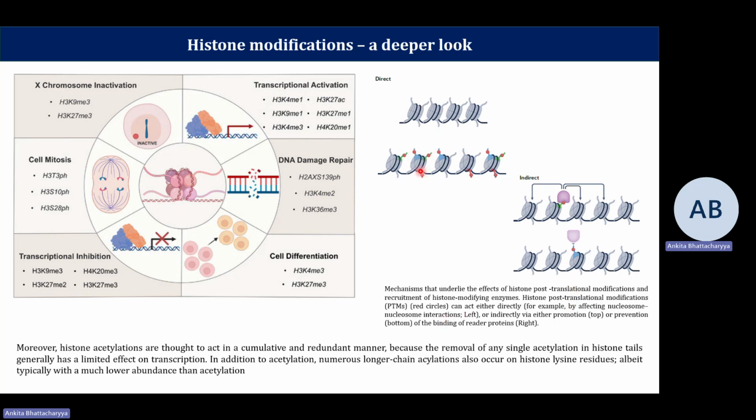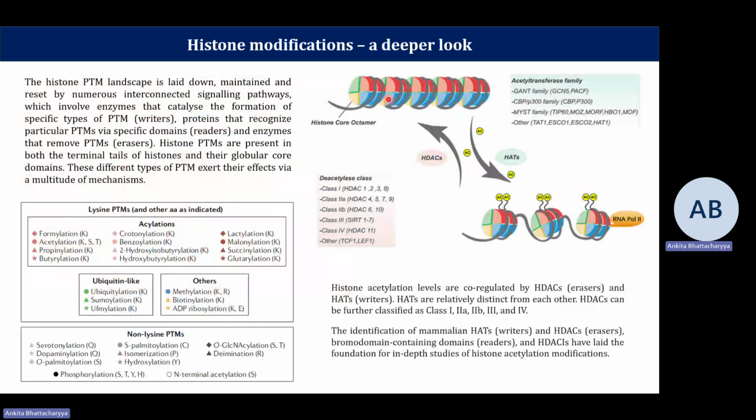If you zoom in here, you'll see that certain regions, when modified, are affecting the internucleosomal interaction, which I previously mentioned in this schematic, where the gap between two subsequent nucleosomes is very minimal, which forms a tighter chromatin fiber.